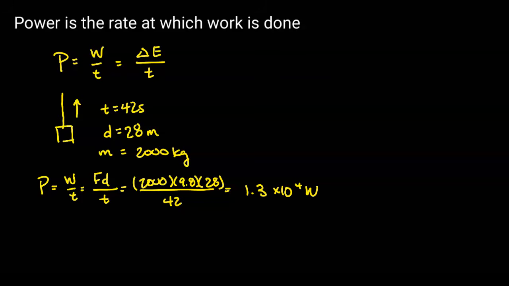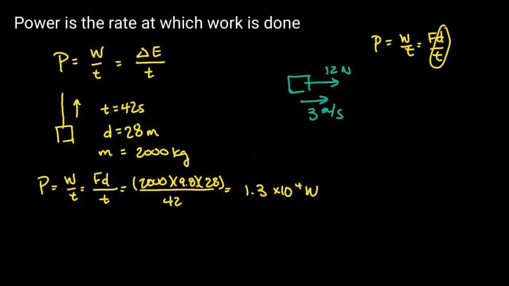Now, let's say that we have an object that is moving to the right, and we're pulling it with 12 newtons, and it's moving with a speed of 3 meters per second. There's another way to calculate power. Power is work divided by time, and we know work is force times displacement, divided by time.